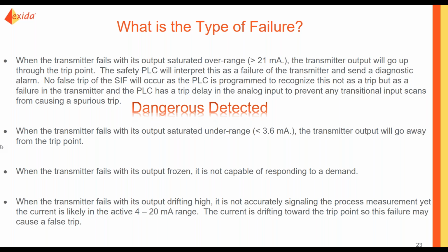No false trip of the SIF will occur as the transmitter output does not go through the trip point. So just as the last one, the transmitter is not capable of responding to a demand until the repair is made. So the failure is then classified as dangerous detected.